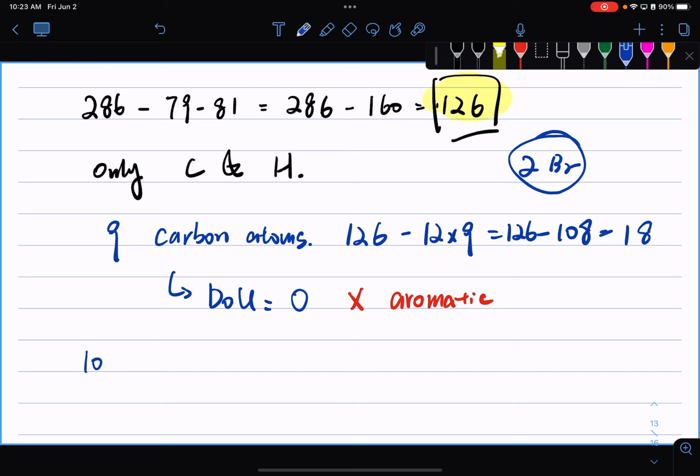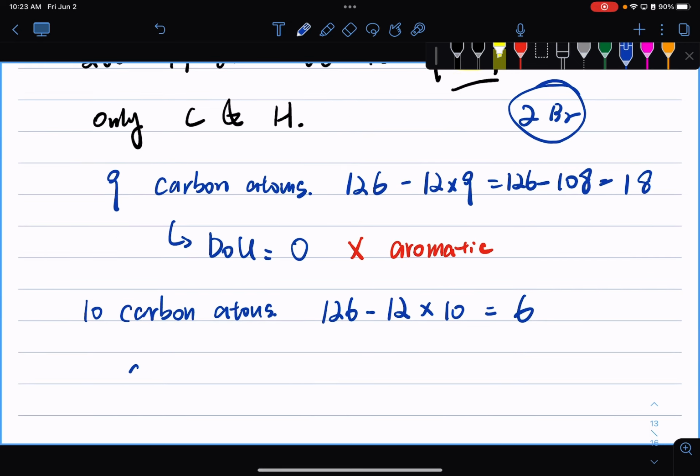And what about 10 carbons? That's 126 minus 12 times 10, which gives me 6. Or the other way to put it is we have C10H6Br2. So what's the degree of unsaturation here?